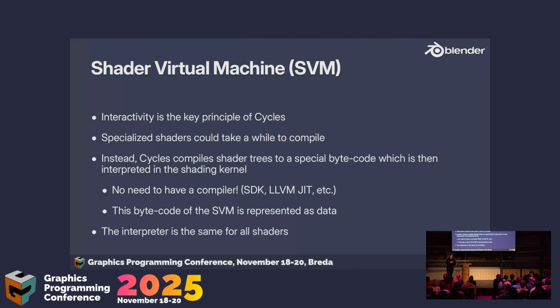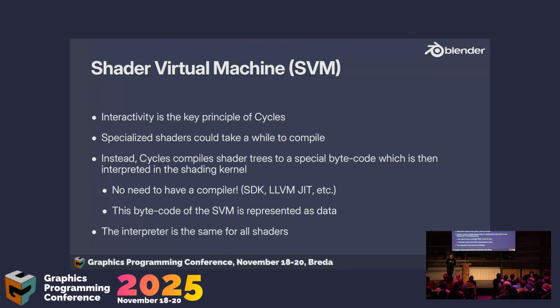So what we do instead is Cycles basically compiles the shader graphs into bytecode, its own bytecode, which it knows how to interpret, and implements an interpreter for this bytecode, which means there is no need for any external SDK, there is no need to pull in yet another LLVM version to do just-in-time compilation, there is none of that.